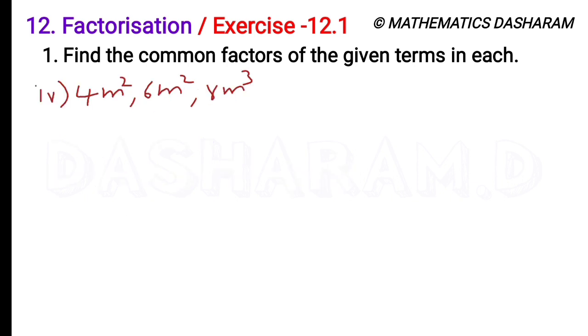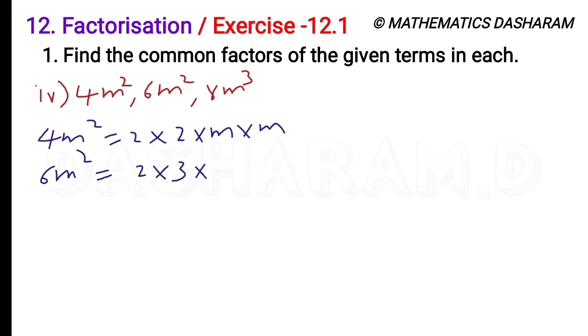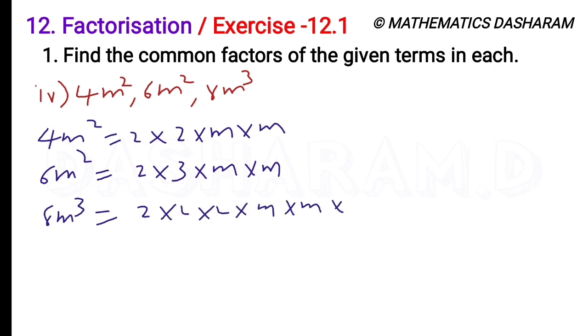Next, the fourth question. Here he gave a total of 3 terms. 4m square in product form is 2 into 2 into m into m. 6m square in product form, 2 3s are 6, so 2 into 3 into m into m. Next, 8m cube equals 2 into 2 into 2 into m into m into m.